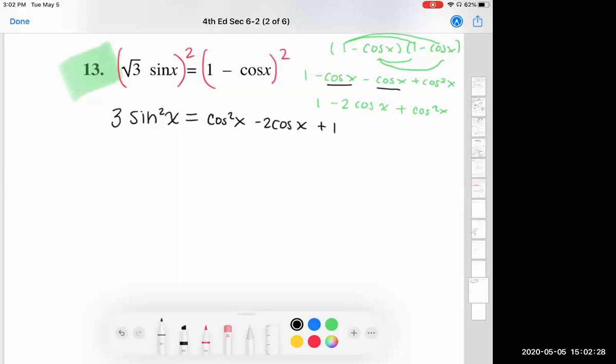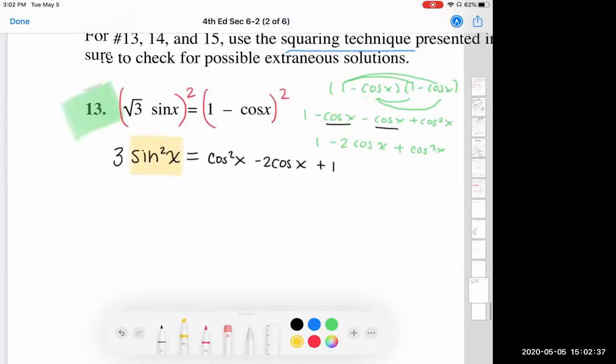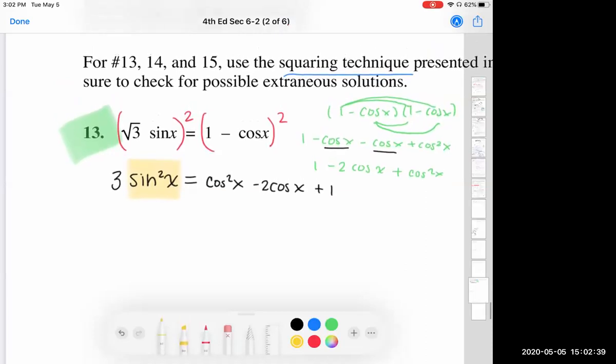All right, I see that I have a sine squared, and I know I can change that sine squared into cosine using my Pythagorean identity, right? So by Pythagorean identity, we know that sine squared of x is the same as 1 minus cosine squared of x.